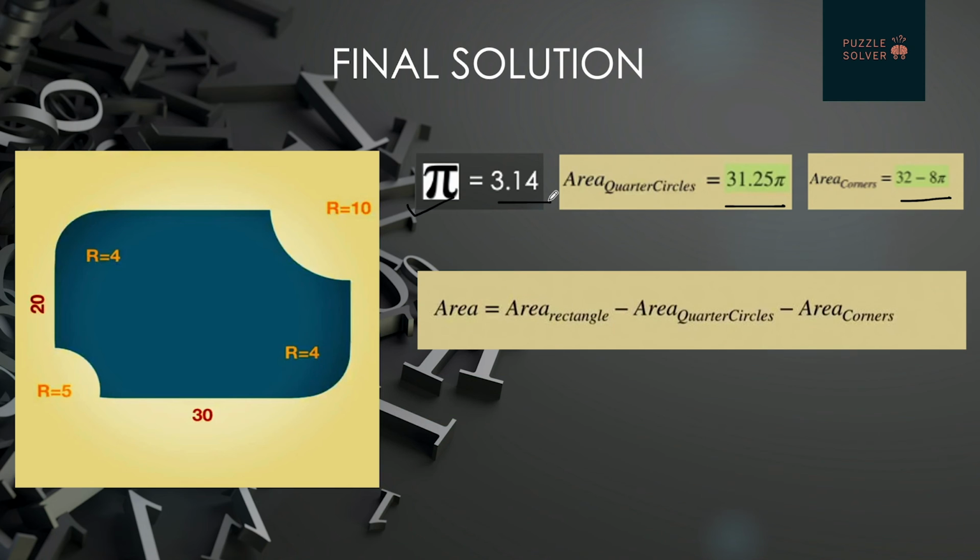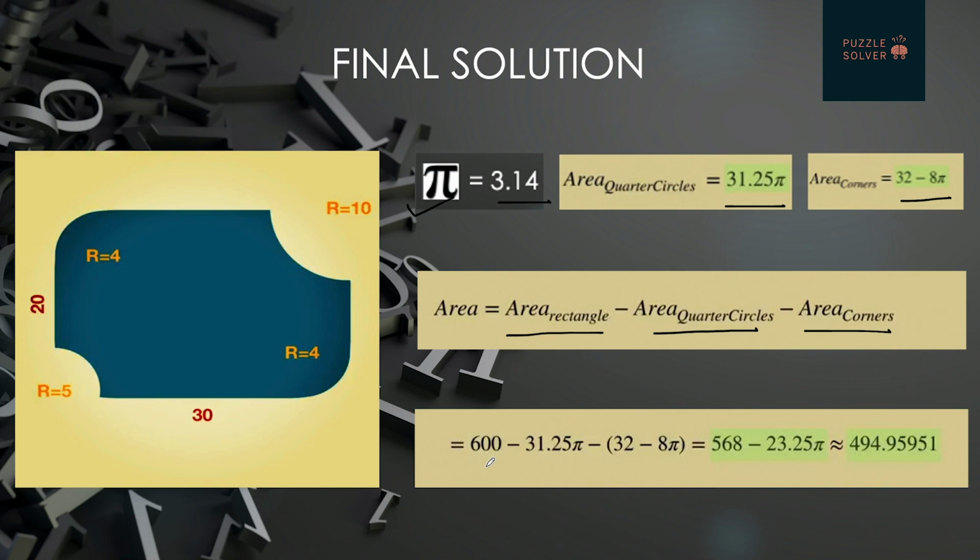As told you earlier, the area of the blue region will be calculated from the area of the rectangle, and from that we have to subtract the area of quarter circles and the area of corners. For the area of the rectangle, we know the length is equal to 30 and width is equal to 20. So the area of the rectangle is length into width, and the final value is equal to 600.